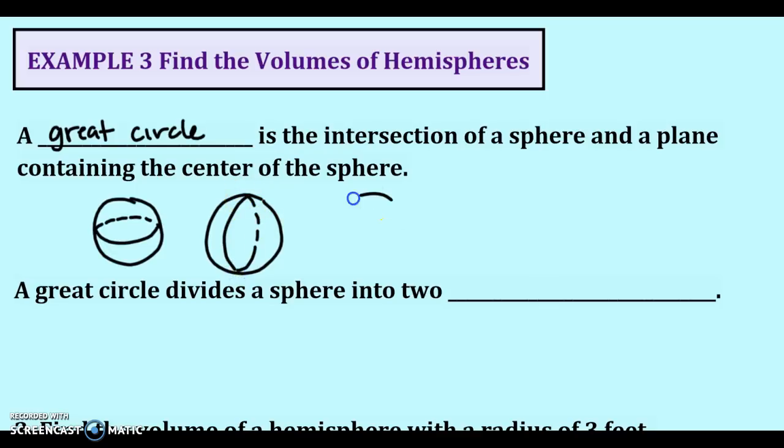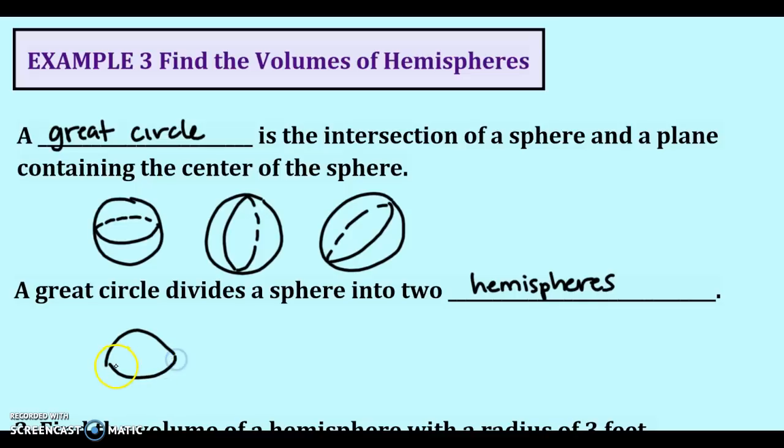It doesn't matter where it is, as long as you can see that it's going to cut the sphere directly in half. A great circle divides the sphere into what we call two hemispheres. So we have two hemispheres here. Here's one, and here's the other.